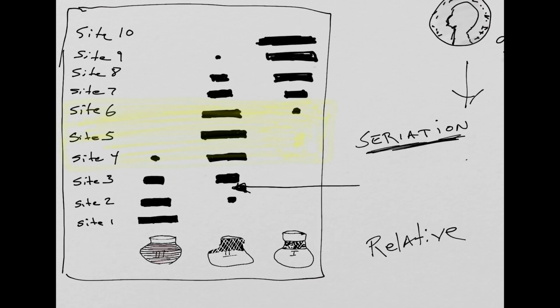These seriation tables are often described by archaeologists as being battleship shaped. Now that's something that you're going to see in the literature, and it may not make a lot of sense to you, but it makes a lot of sense to archaeologists who came up with these terms.